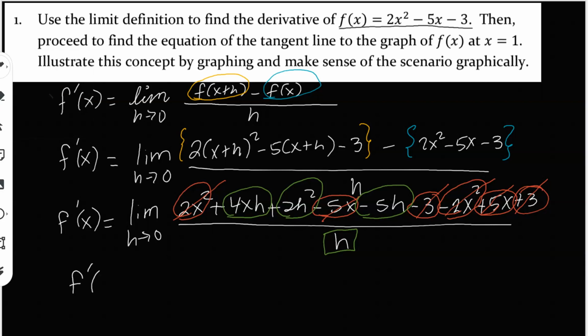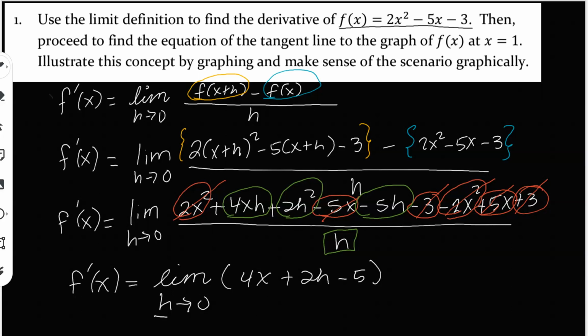then you will have the derivative is the limit as h goes to 0. You no longer have h in the denominator because you're going to take all the green circled terms divided by h. So you will have 4x plus 2h, and minus 5h divided by h is minus 5. Now when h is approaching 0, this value right here is going to be approaching 0.